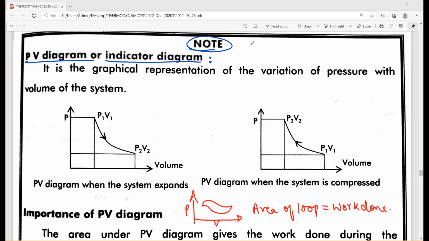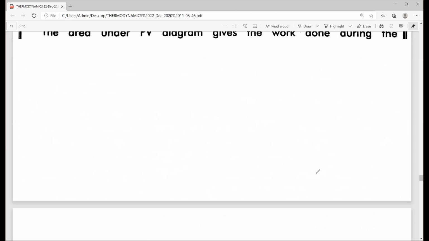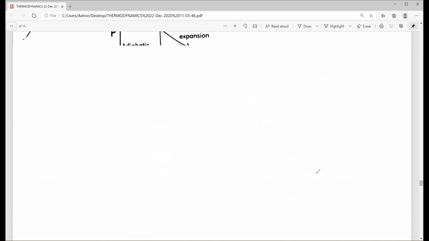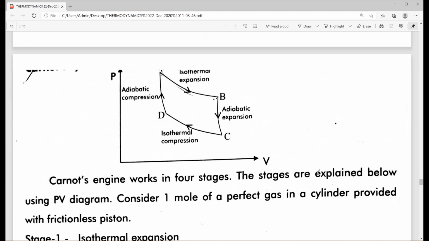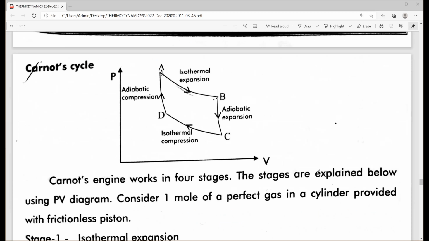And next we shall discuss the Carnot cycle. In order to explain the Carnot cycle, this is one of the important derivations. Definitely they will ask for 5 marks.